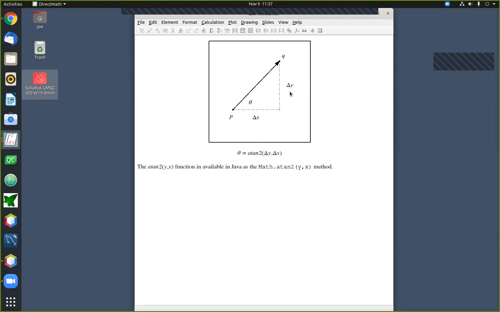All right, and then you can plug those 2 distances into a mathematical function called the atan2 function. And what that function will return to you is the angle that you're looking for, and it will give you that angle in radians. All right, and it turns out that there is an atan2 function in Java. It's called Math.atan2, and that is the function that you'll be using to compute these polar angles whenever it becomes necessary to do so. All right, so this is going to be one of the foundational concepts that we'll be using in this week's lab.